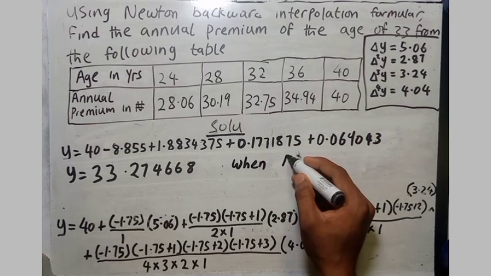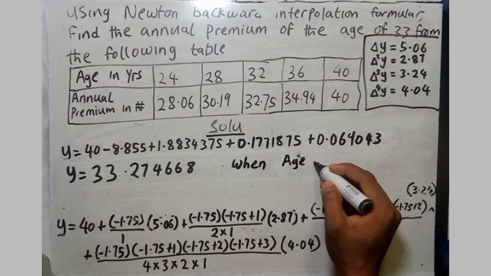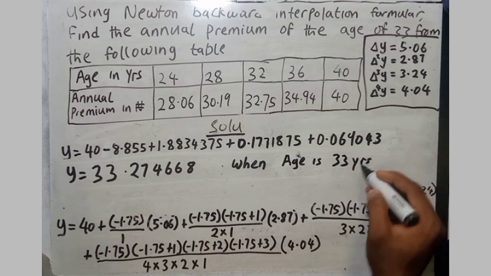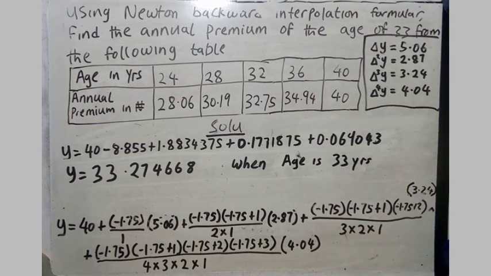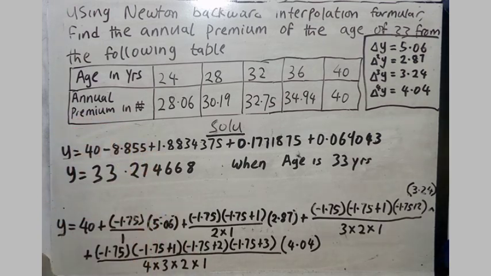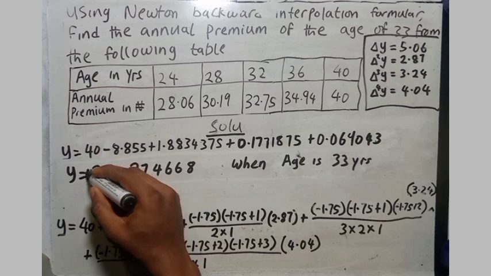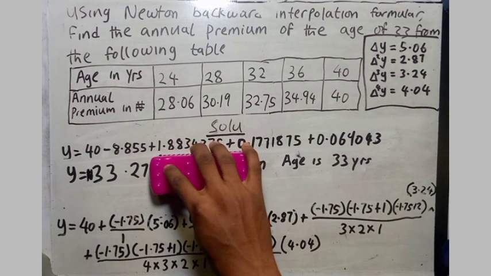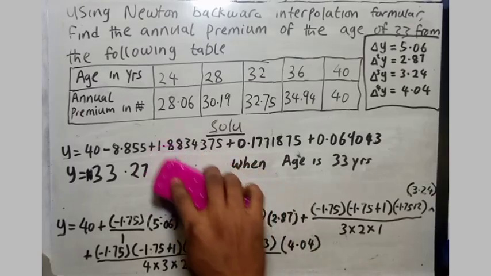When age is what? 33 years. Okay, our annual premium is in Naira, and since it's going to be in Naira, we'll be doing to 2 decimal places, so this 4 decimals will be deleted.